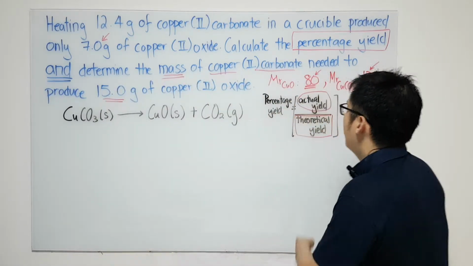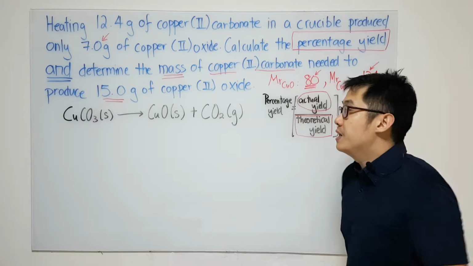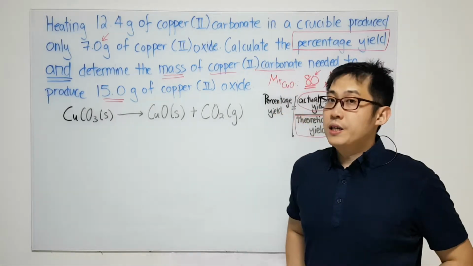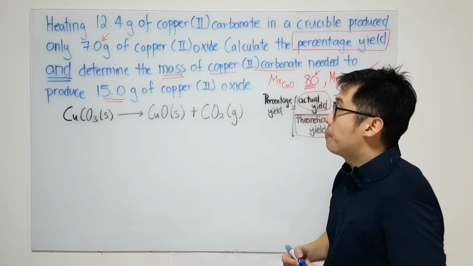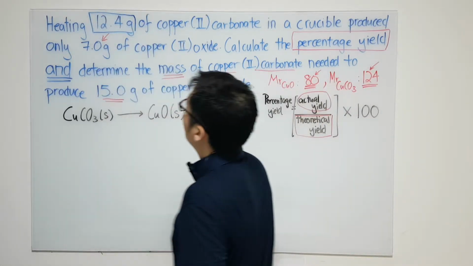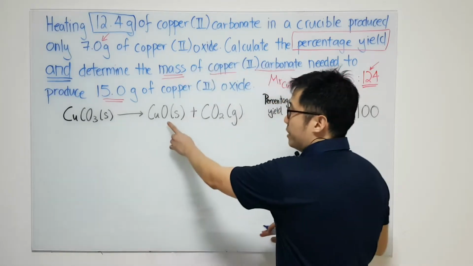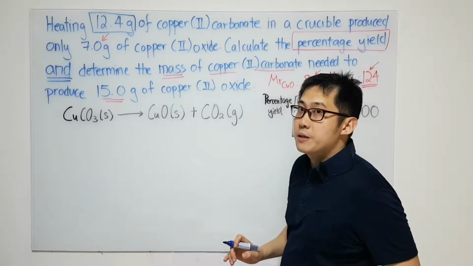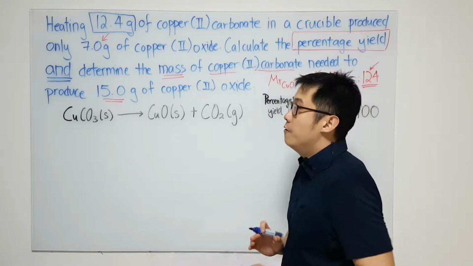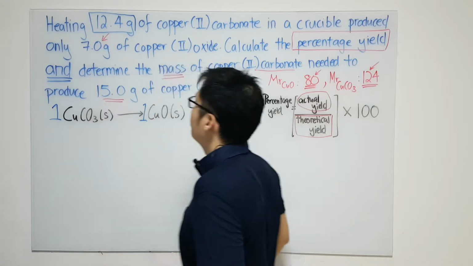Now, in order to calculate the theoretical yield, all we need to do is to calculate the mass that you're supposed to get, if everything goes well. The question has already given us this value over here, 12.4 grams of copper carbonate. In order for us to calculate the mass of my copper oxide that is supposed to be obtained, first, we recall that this is actually 1:1.